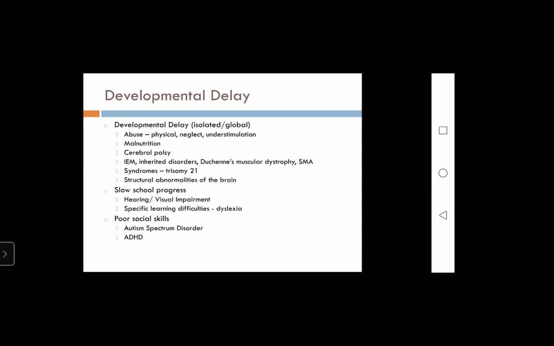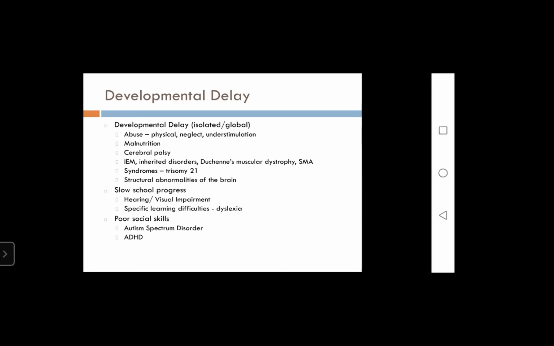Most of the time you categorize based on whether it's a global developmental delay, isolated speech delay, or the causes for isolated gross motor delay. Okay. So if it's global, usually things like abuse, malnutrition, cerebral palsy. Cerebral palsy can be a global delay, or can just be an isolated motor delay, right?